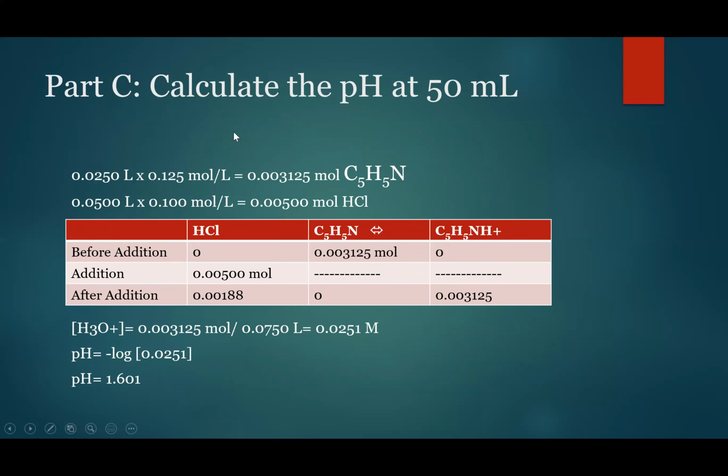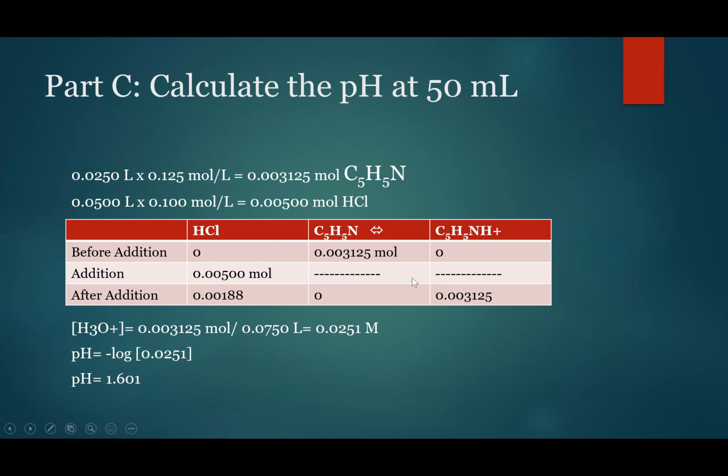Now to part C, where we calculate the pH at 50 milliliters. Again, we have the initial amount of pyridine, which is 0.003125 moles, and we convert 50 milliliters to liters, multiply it by the molarity of hydrochloric acid, and we get 0.00500 moles of hydrochloric acid.